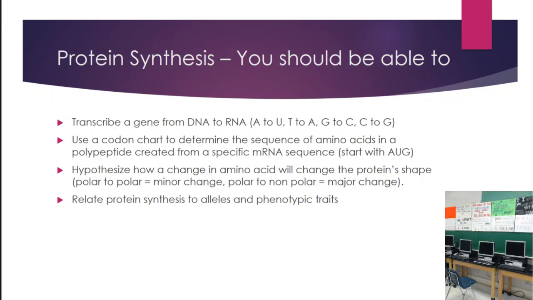So in the case of the red flower and the white flower making a pink flower, it's because now you only have one copy of the gene for the red pigment, which means that you're producing half as much mRNA for it, and that means you're producing half as many proteins for it, and half as many proteins will not get you as dark red of a color as you would if you had twice as many of those red pigments. That's how incomplete dominance manifests itself with protein synthesis.